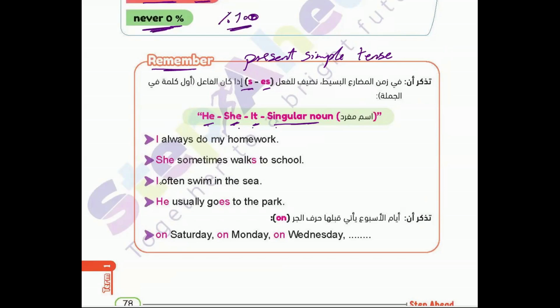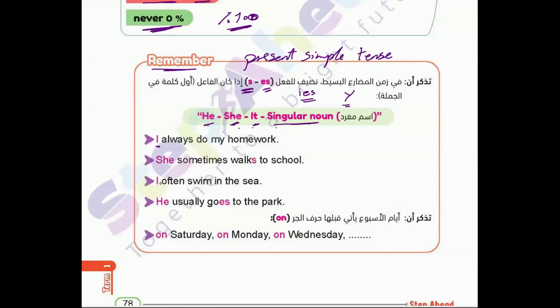To remember also sometimes ies if the verb ends with y. Okay, let's check about s and es. Here we have some examples. I, it's a kind of pronoun. Do you think if you use I, do we add any s or es to the verb?